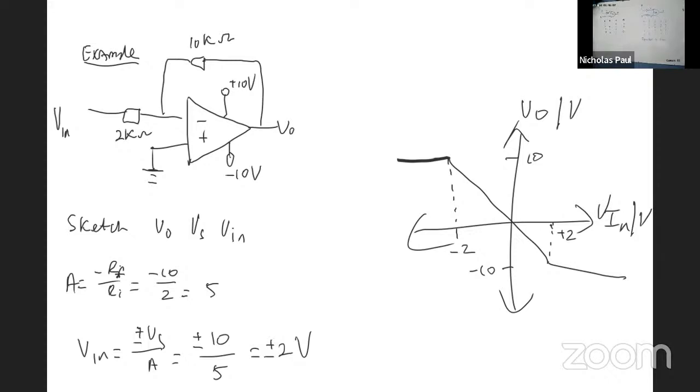So when I say the V out versus V in graph, that's what I'm referring to, right? How do we know the graph shape is like this again? How do we know it's on this side? The reason we know it's on this side is because a negative input gives a positive output. Yes. Negative, positive. If it were non-inverting, it would be on the other side.